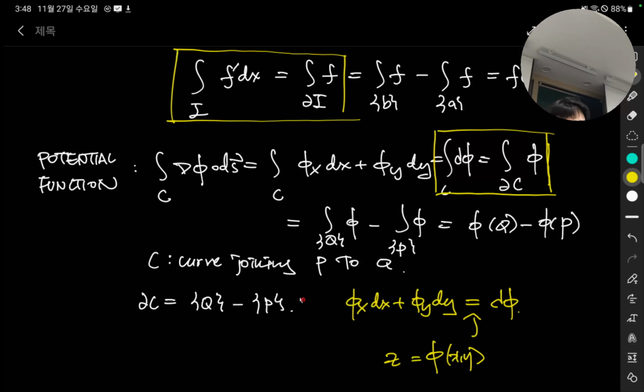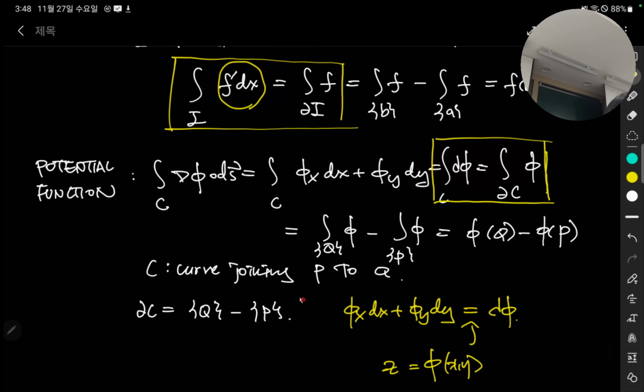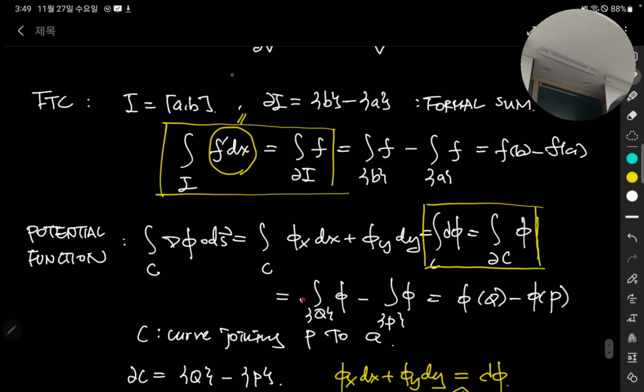And with the same idea, let's modify our notation of the fundamental theorem of calculus a little bit more. So look at this part, f prime dx. What does that mean? So f is a function of y, let's assume that. That means if I take f prime, then that's dy dx. So if I take f prime times dx, that means it's dy.